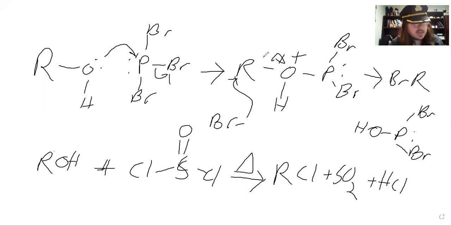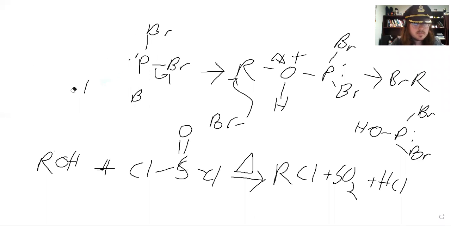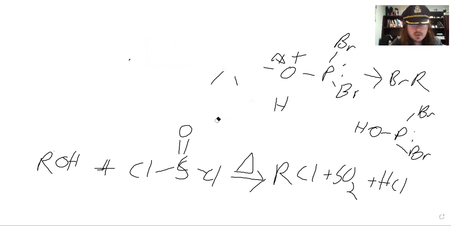Now, the exact mechanism of this depends on whether this is primary, secondary, or tertiary. Let's look at that one. Let's erase some of this. The mechanism is kind of interesting.